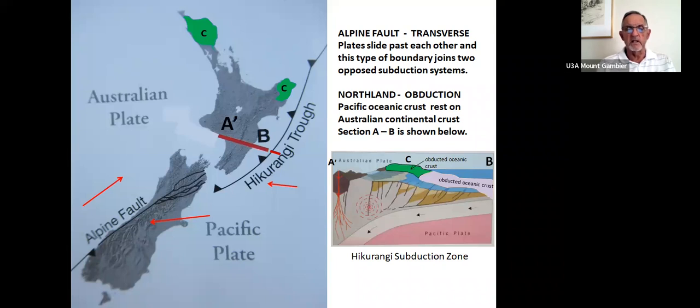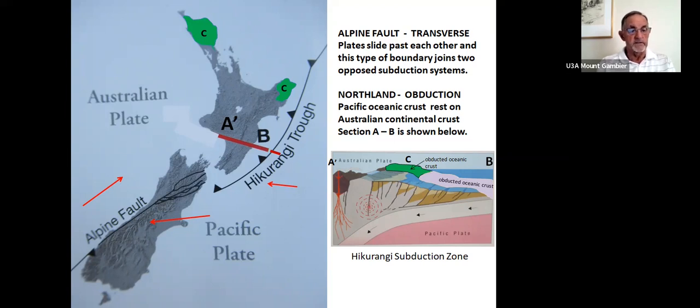That means the oceanic crust, some 20 or 19 million years ago, instead of subducting along that zone, actually rode up over the continental mass of the North Island, or the section of the North Island, and we have exposed in those areas today oceanic crust, forming high mountainous areas, in fact, in places.